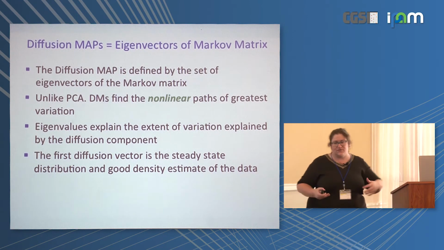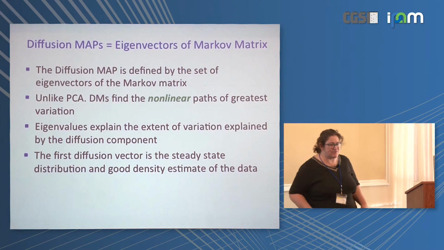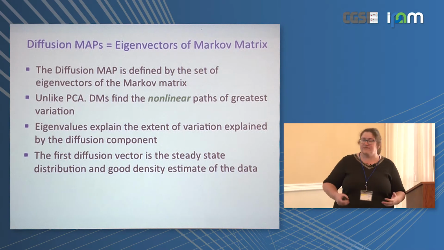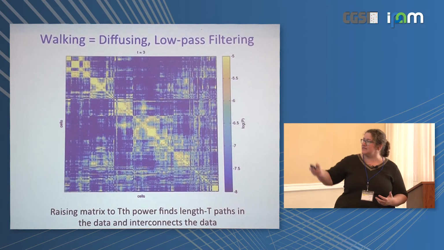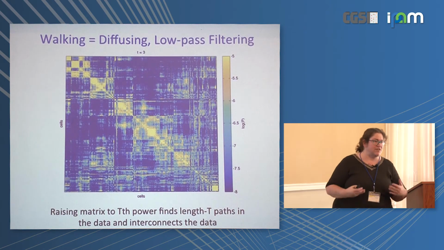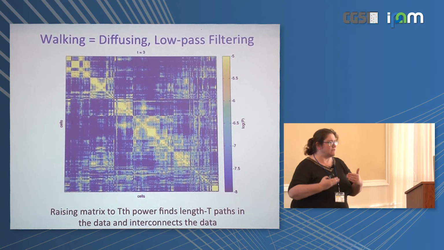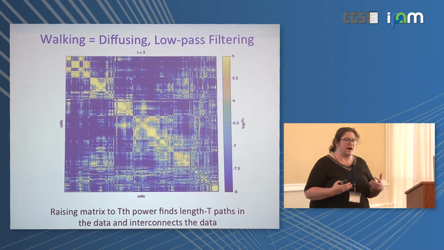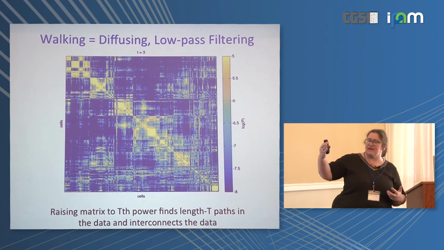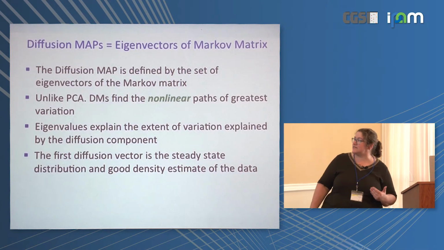So one way to think of diffusion maps, and I did a lot of PCA in my life, is that a diffusion map is just like the eigenvectors, but on this adjacency matrix. So rather than doing your PCA directly on the raw data, you are looking for the eigenvectors and eigenvalues on the adjacency matrix itself.